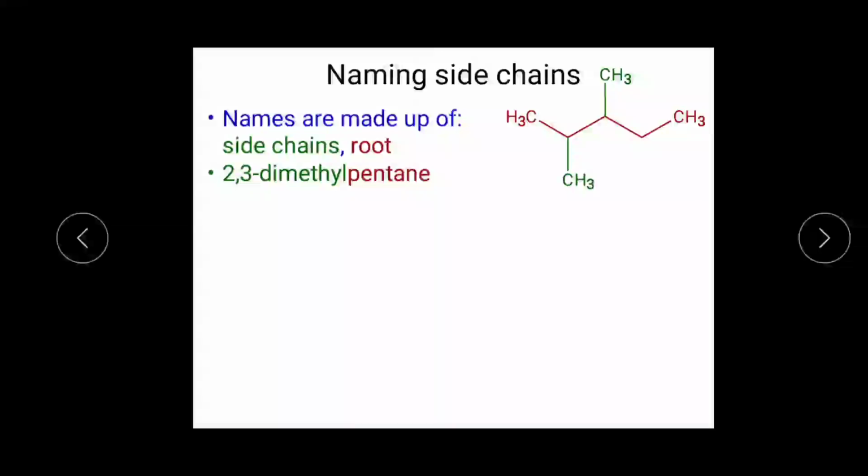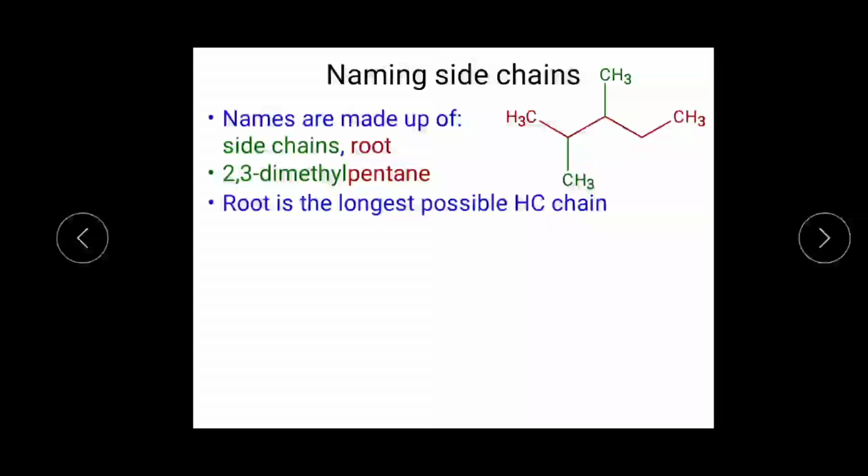But the main chain, or the longest chain, is this one. This is now a pentane. And we have two side chains, sometimes called substituents or alkyl. Okay? These are alkyl.